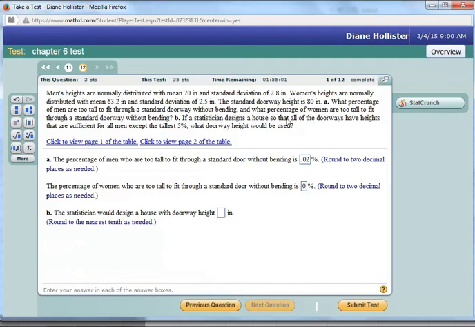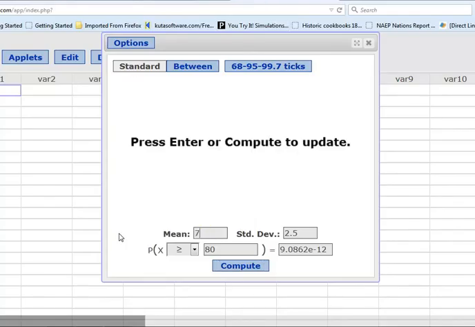Now, if you wanted to design it so that the doorways would have heights that are sufficient for everybody except the tallest 5%, what would you use? So now we have to go back to the 70 and the 2.8. But now we want to make sure that it works for everybody except the tallest 5%. So I'm saying greater than, and I want the tallest 5%.